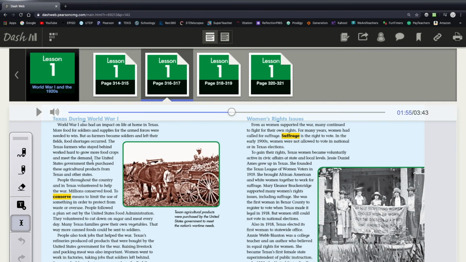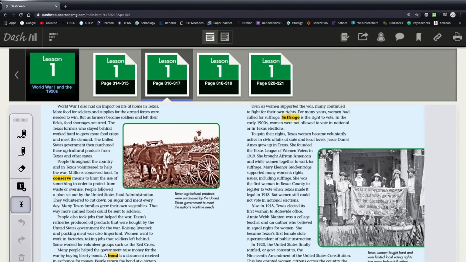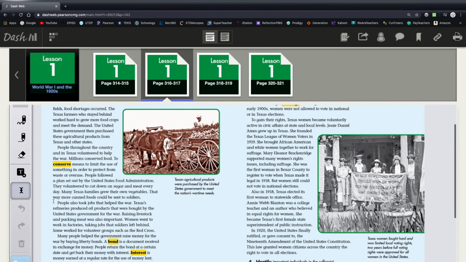Okay, guys, so here I want to mention two things before we go back to the main page and do the conclusion. People at that time needed to conserve. That means that people needed to save resources for the future, and also they were saving resources for the soldiers.